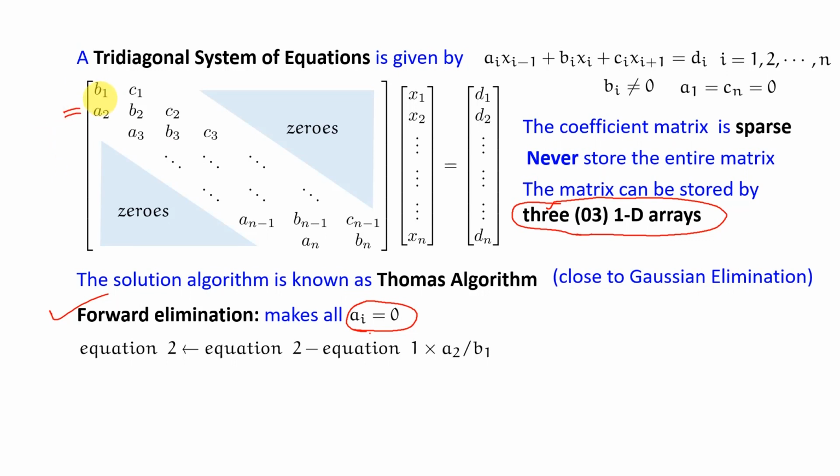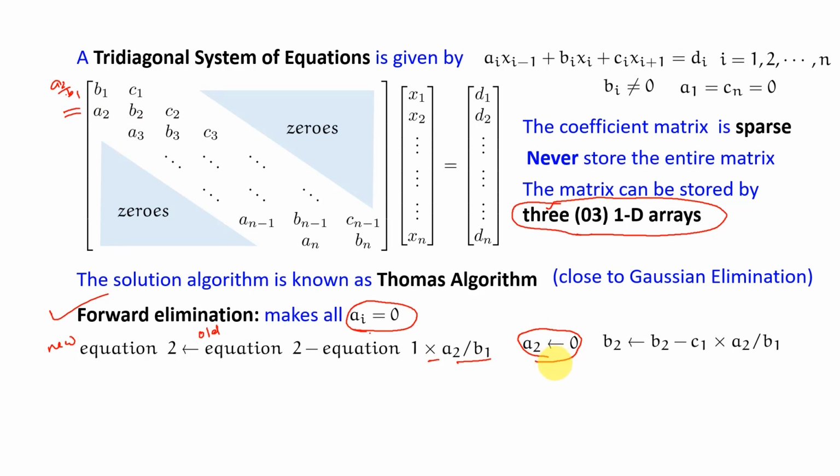I multiply equation 1 by A2 by B1, and then subtract that from equation 2. So my new equation 2 equals old equation 2 minus equation 1 multiplied by A2 by B1. If I do so, then in the new equation 2 my A2 will be 0.